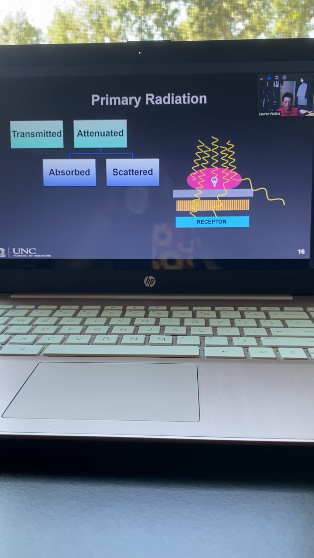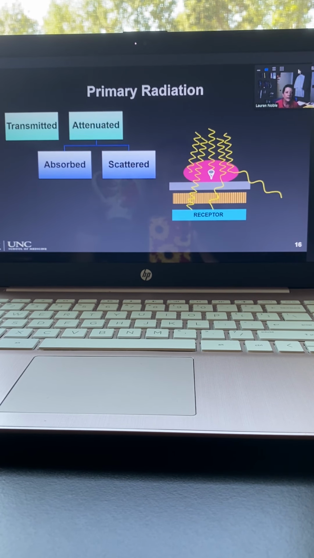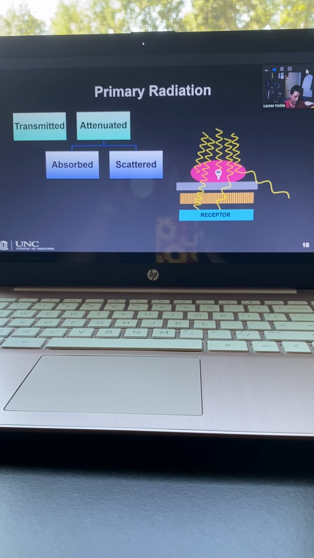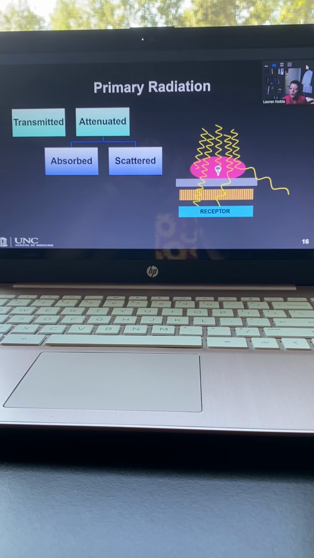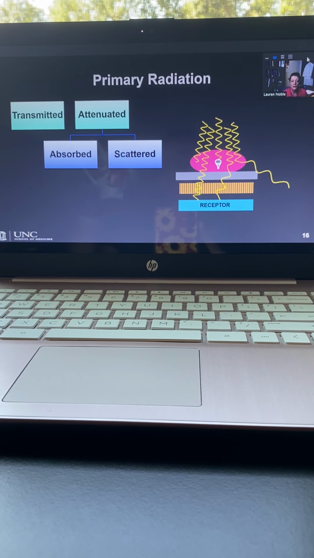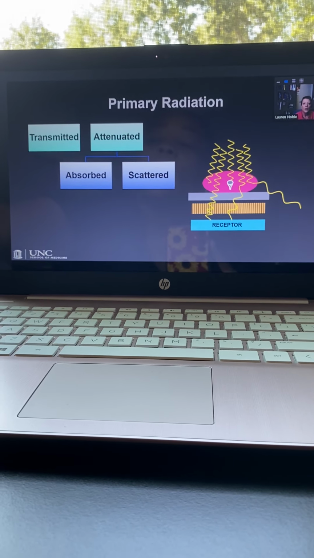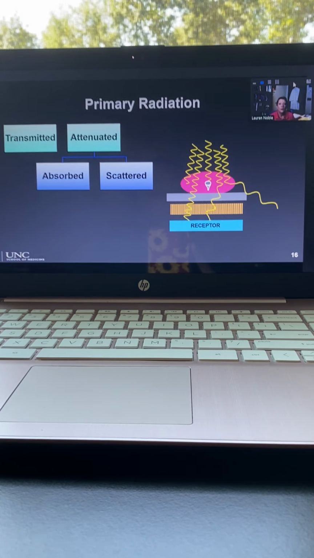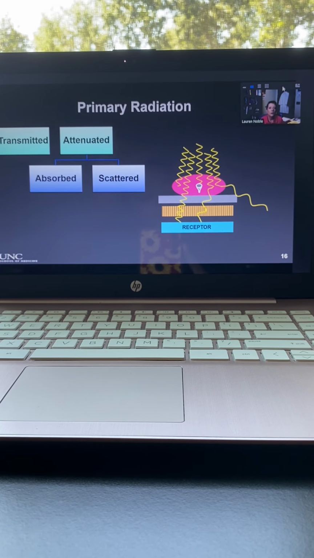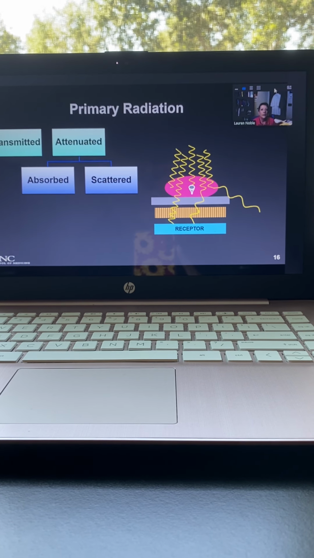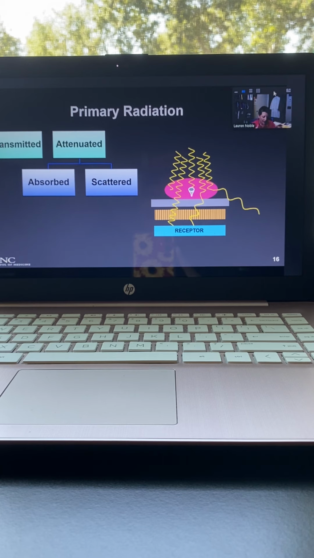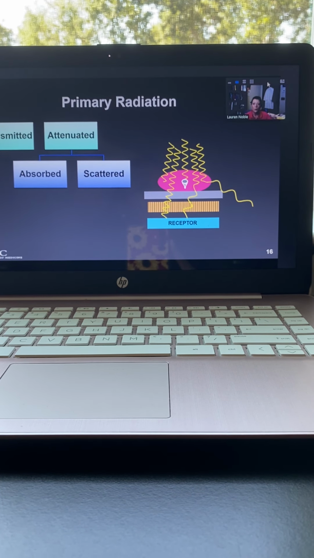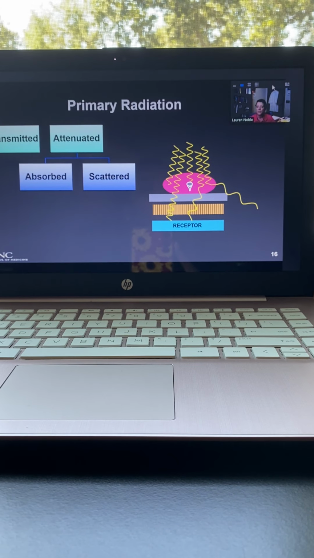Well, scatter can be produced by anything that the X-ray beam interacts with. The human body is considered to be the biggest attenuator because that's what we're imaging. And so we do get a lot of scatter being produced in the patient. But for example, let's say you have your collimation field opened wider than the image receptor.